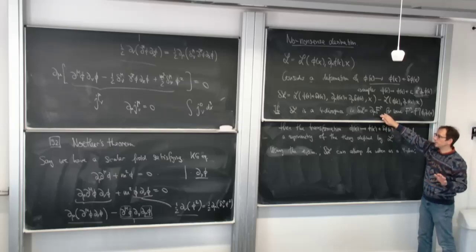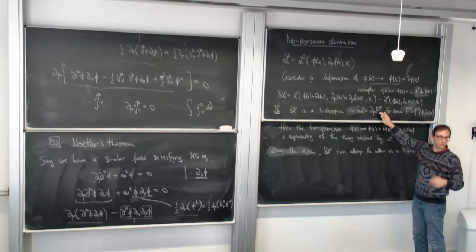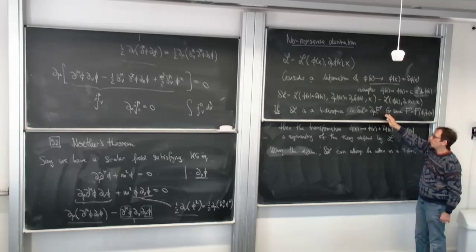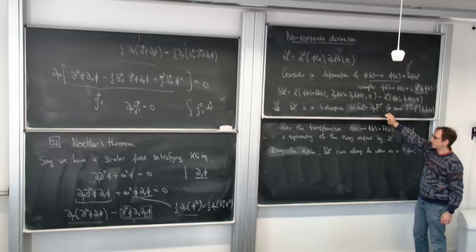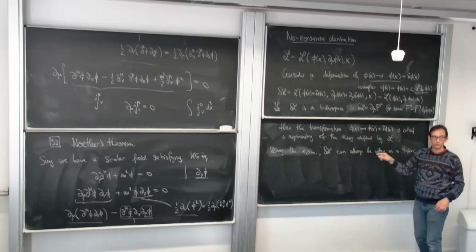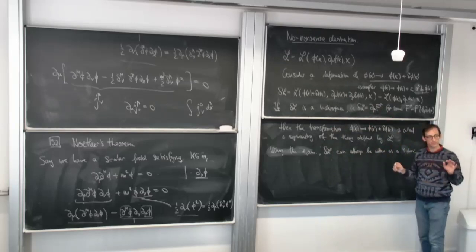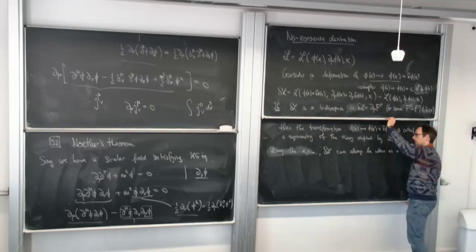Just insert it and see if it is like that. It could be zero, right? If it's zero, it's even better because zero is also the divergence of some constant or of zero itself. That works too. But now, a second way of thinking about delta L is to use the equation of motion. And when I use the equation of motion, then delta L is always a four divergence.